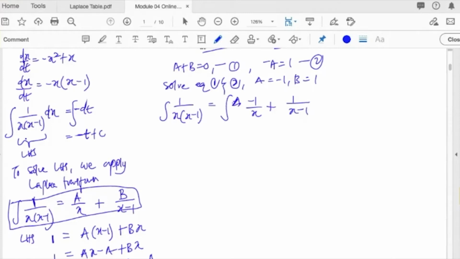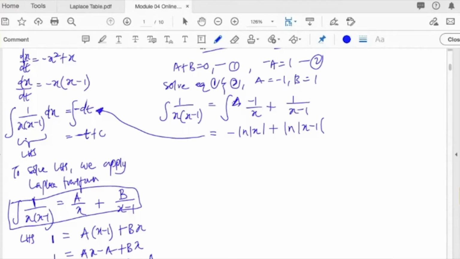Then we take integrations. Instead of solving the one on the left-hand side, now we will integrate the left-hand side. That will give us negative ln x plus ln x minus 1. We can put this back inside our previous problem.